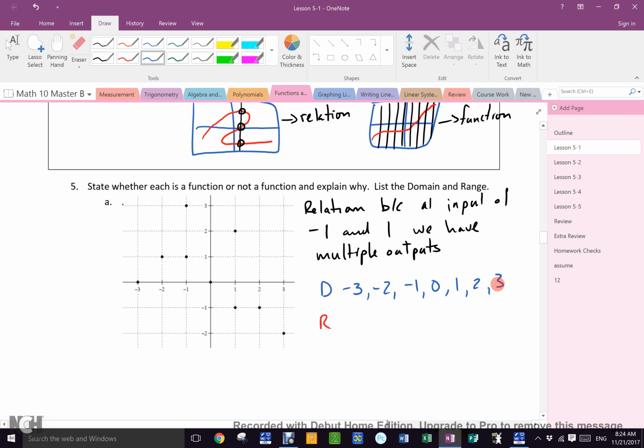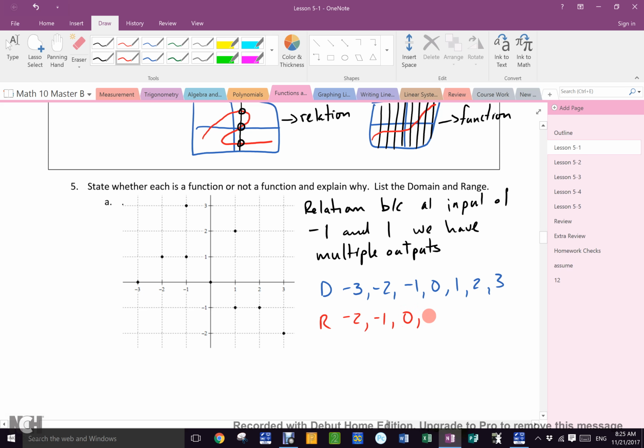All right. What are my range values? What's the first one? What do I start with? -2. Excellent. Somebody usually says they should start with 0 because we started over here on the domain. But that is not the case, is it? We start at the lowest. What's next? Then what?